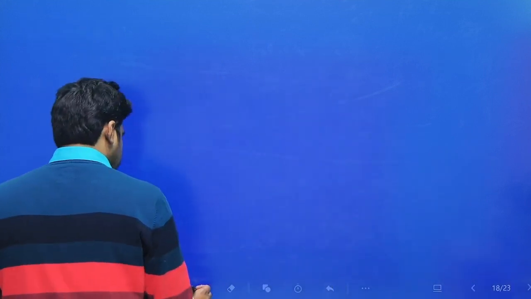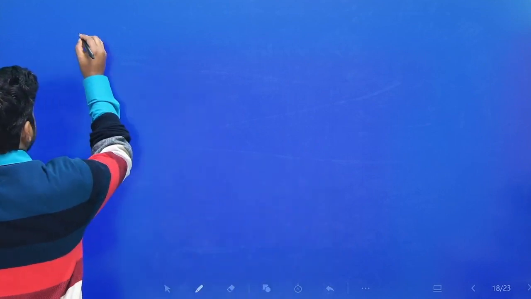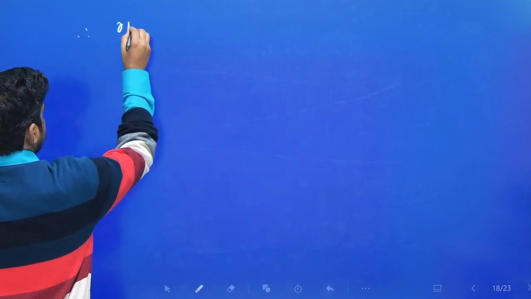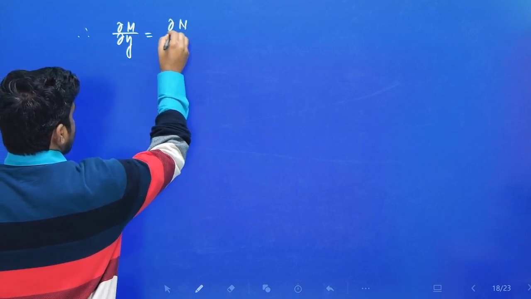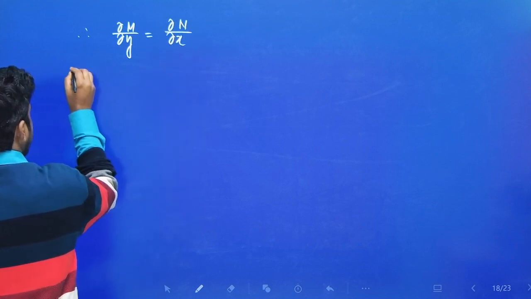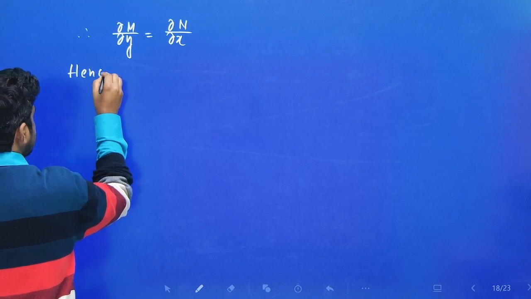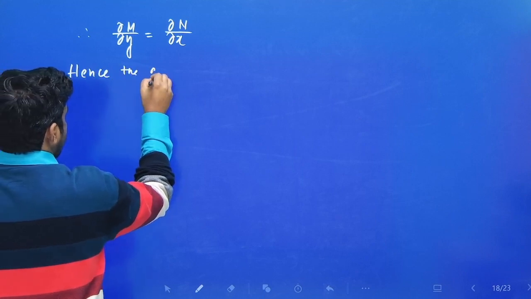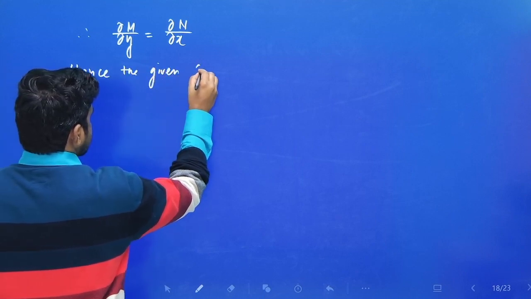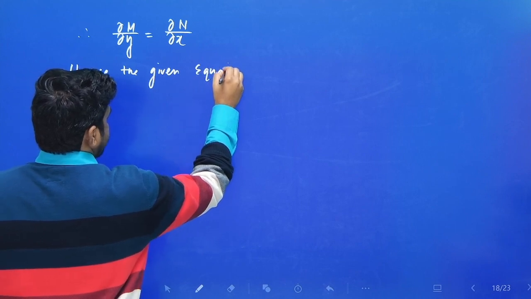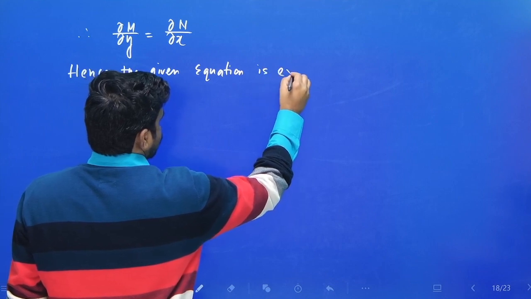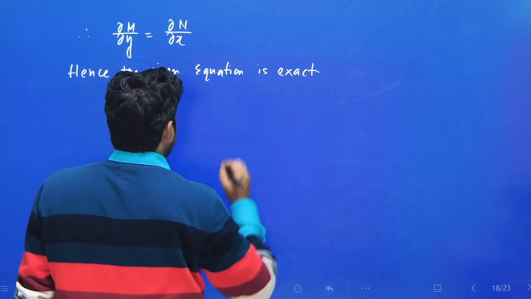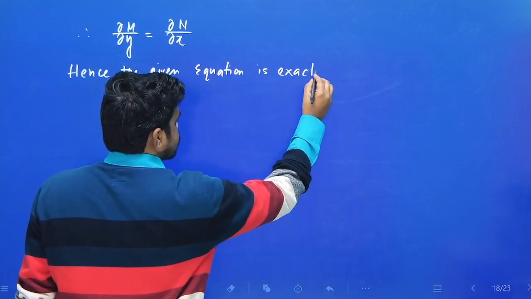Therefore del M del y is equal to del N del x, hence the given equation is exact.